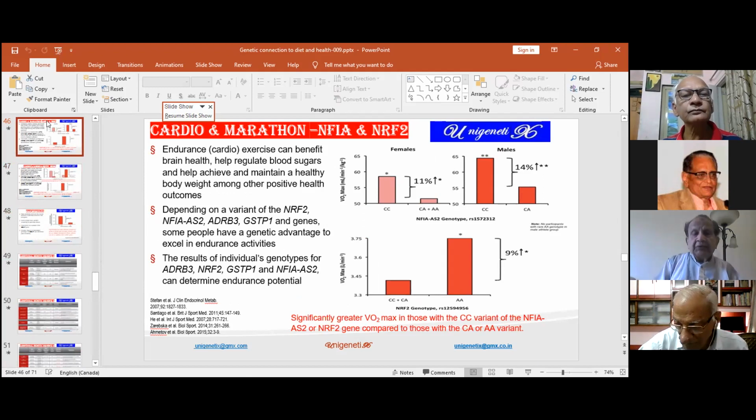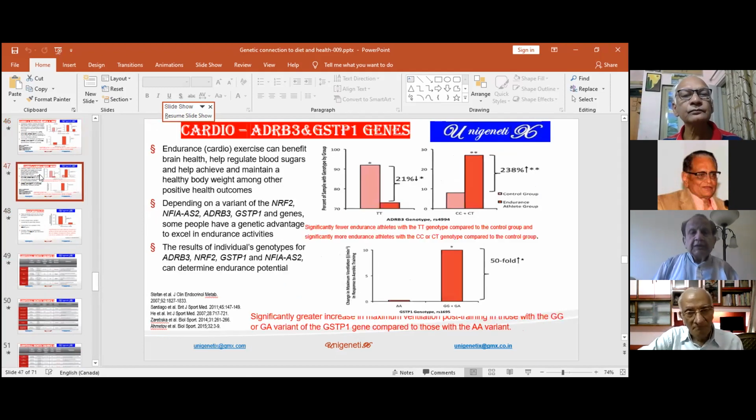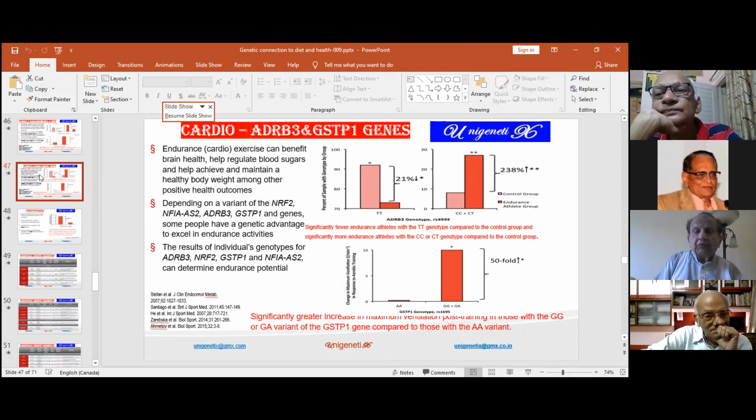Even I would have to reread the 4 or 5 papers that I got it from to really give you the details of cardio. But in general, I don't think any of you are likely to be dealing with people who are going for marathon running. The only marathon you're going to see is 20 or 30 fast, but that is different altogether.